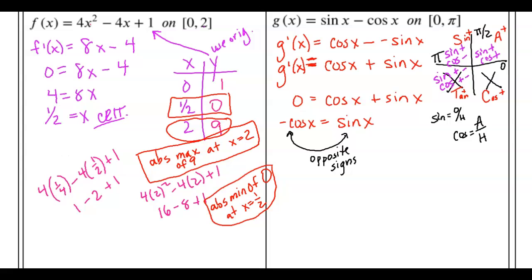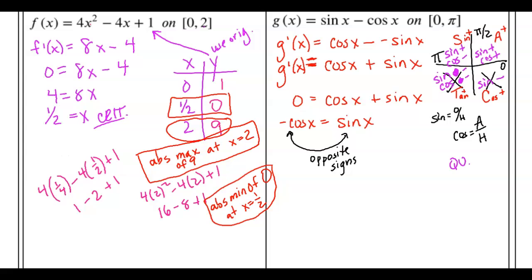So if we're in this quadrant, cosine is x, so that's negative, and sine is the y value. So in the third quadrant, sine is negative and cosine is negative. In the last quadrant, cosine is positive, and so sine is negative. Okay, so they're opposite signs in quadrant 4, and they're opposite signs in quadrant 2.